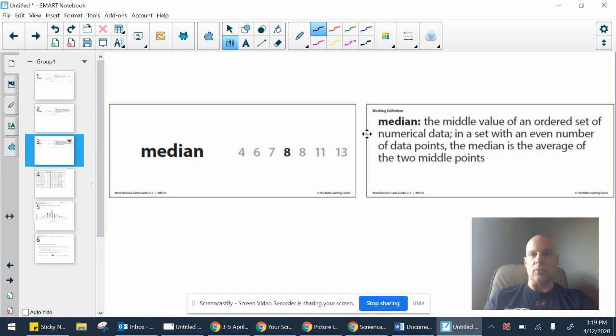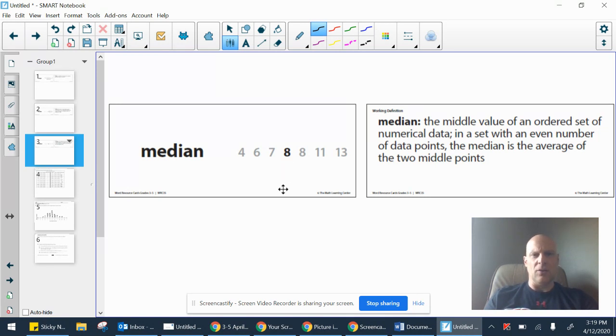Our last vocabulary word that I want you to be familiar with is the median. The median, as we can see on our card here, is the middle value of a set of numerical data. In a set with an even number of data points, the median is the average of the two middle points. In this case, there are 1, 2, 3, 4, 5, 6, 7 numbers in our set. There are 3 on this side, 3 on this side, so the middle one would be 8.